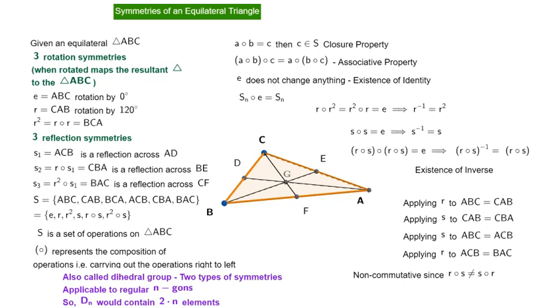So here we can call this a D3 group, and it is non-abelian, non-cyclic. In the previous session, we had seen, using the 12-hour clock, an abelian cyclic group. Here we have seen a non-abelian, non-cyclic group.